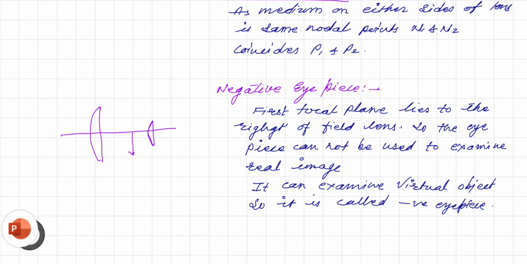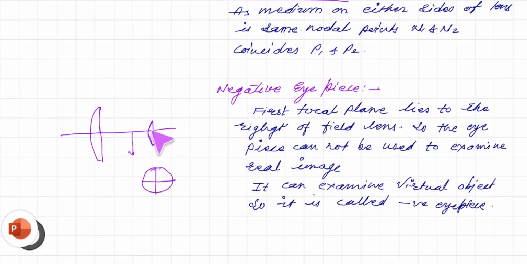And obviously when we talk about adjustment of cross wire, the cross wire is not used in this eyepiece. The reason is simple: the object which is examined is a virtual object and it is between the field lens and the eye lens.